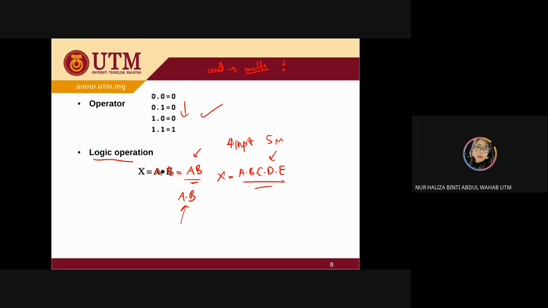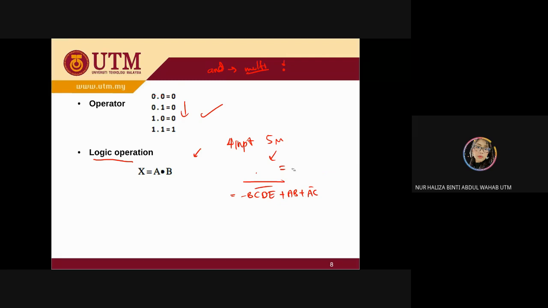Instead, we will just use ABCDE plus AB plus A bar C. So it's easier for us than having A dot B plus A bar dot C. So please make sure you know AB is equal to A dot B, which uses your AND gate.